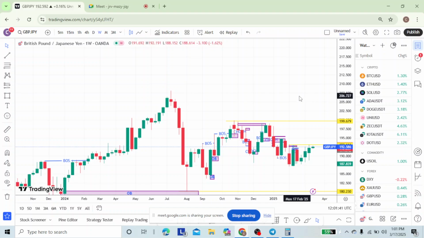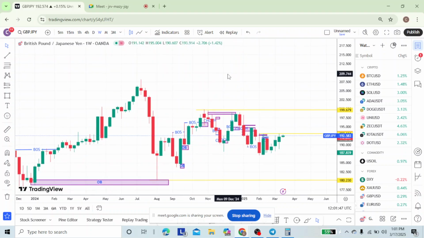Last class we talked about the introductory aspect of candlesticks, and I told you about the opening, the close, the high, the low, and the body of a candlestick.